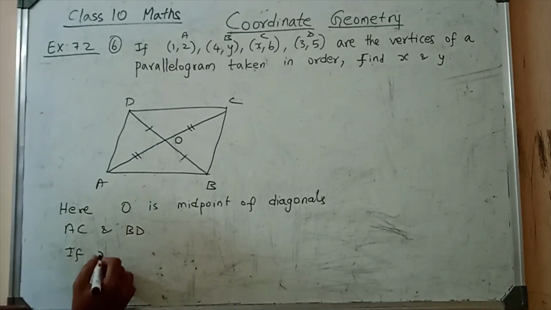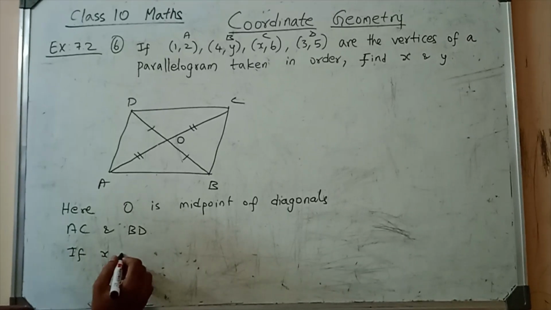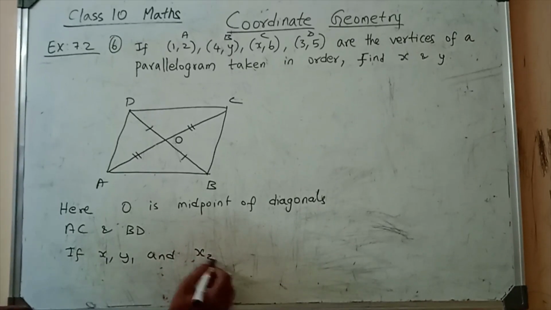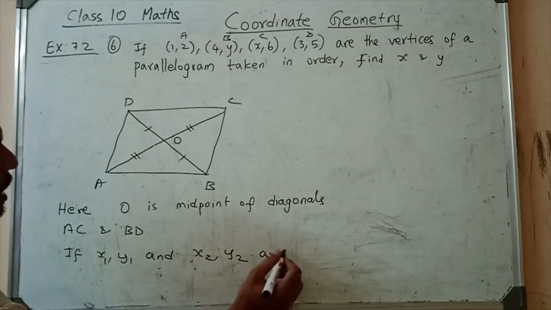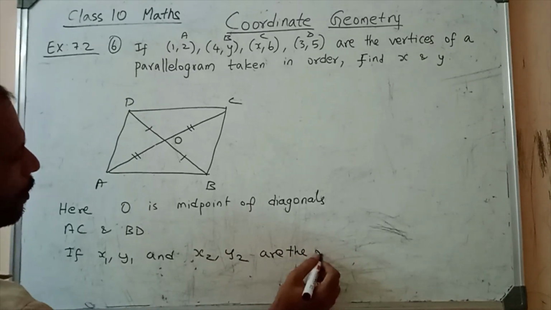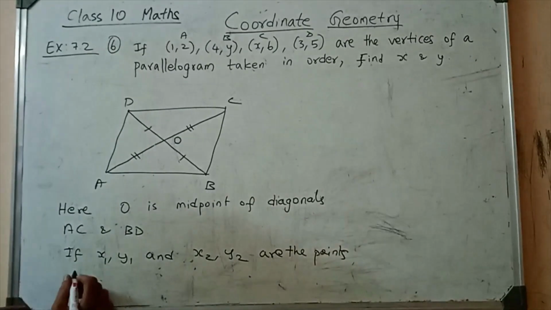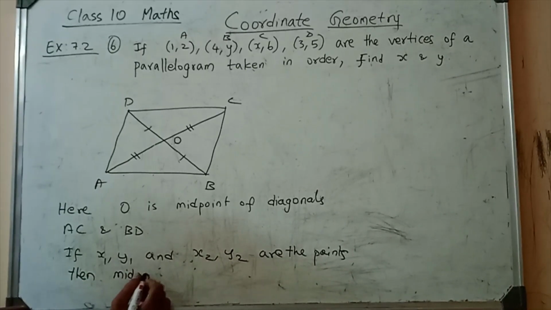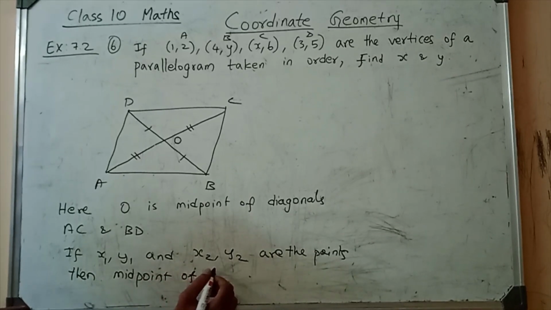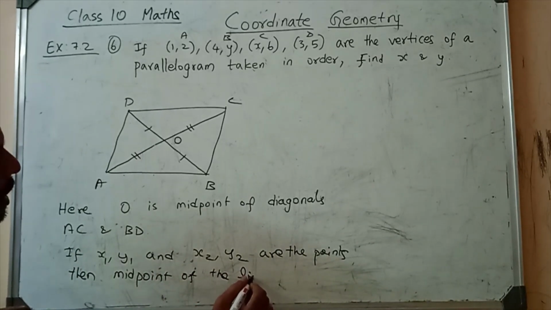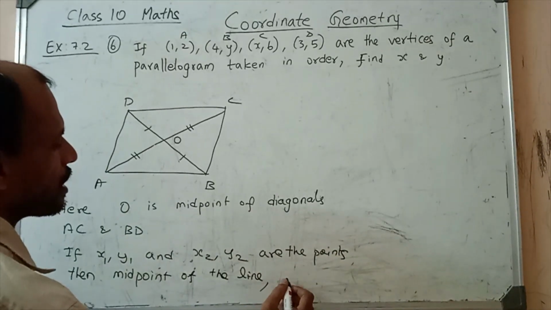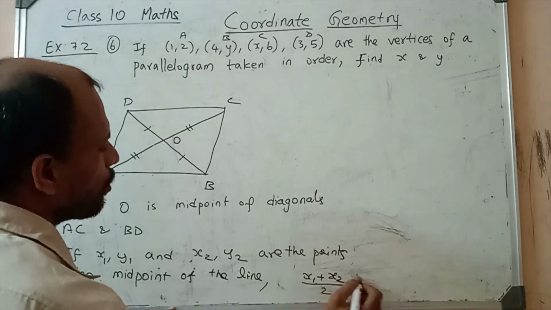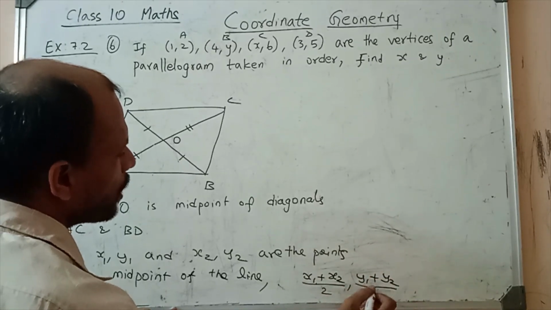If x1 comma y1 and x2 comma y2 are the points, then midpoint of the line is given as x1 plus x2 divided by 2 comma y1 plus y2 divided by 2.